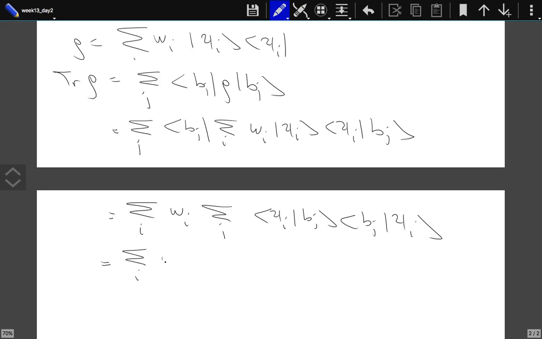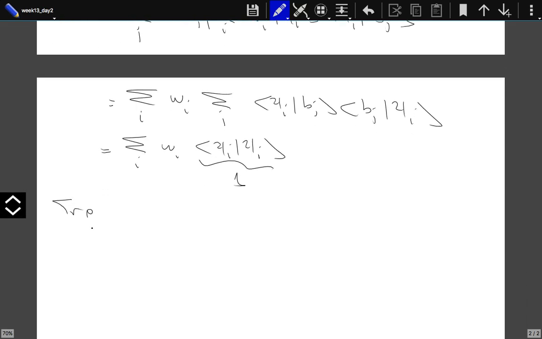So this will be sum over I, omega I, psi I psi I. This is just 1 due to our normalization of the states. So trace of rho is just sum over I, omega I, but the sum of all the weights is nothing but 1.